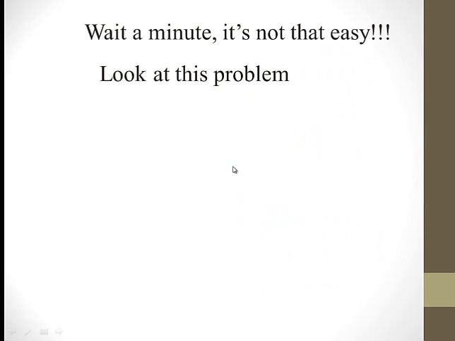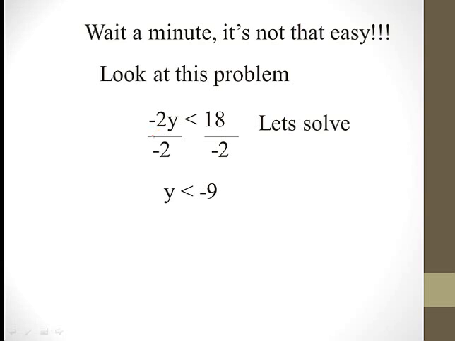So, let's look at another problem. If you solved this, you would divide both sides by -2, I'm sorry, and get y is less than -9. What's a number less than -9? How about -10? Plug that back in, see what you get.